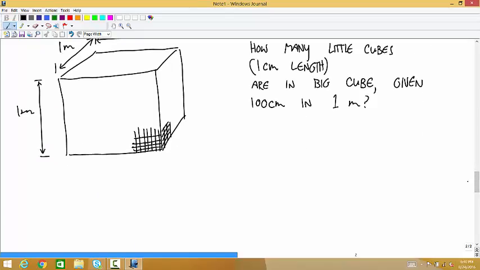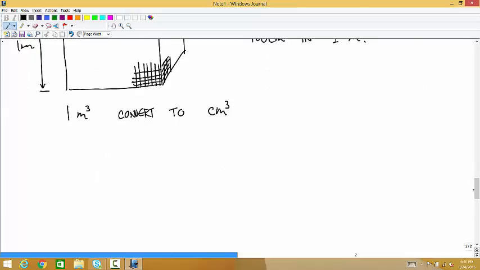Okay, so to do this as a conversion problem, you have to think of the volume of this cube. And the volume of this cube is 1 meter cubed. And we want to convert that to units of centimeters cubed. So I'm going to start with the quantity 1 meter, meter, meter. And then just one by one, I'm going to convert these 3 meters to centimeters.